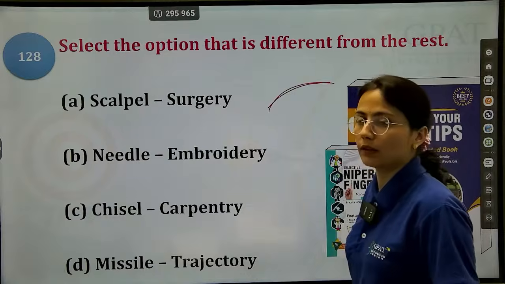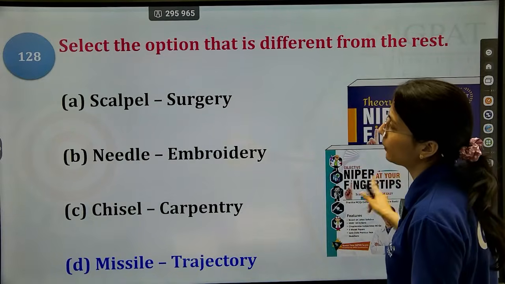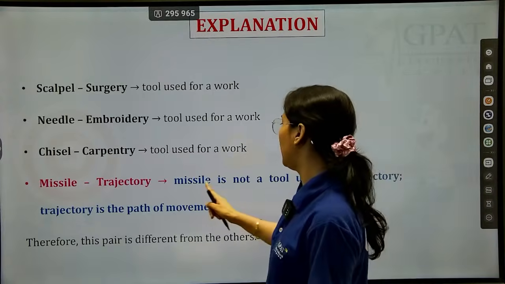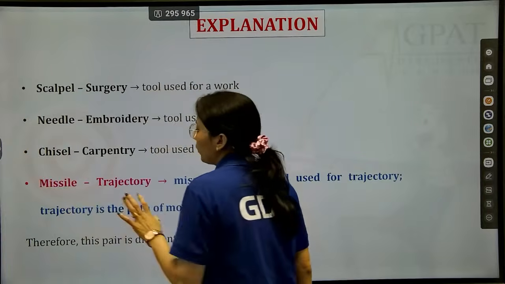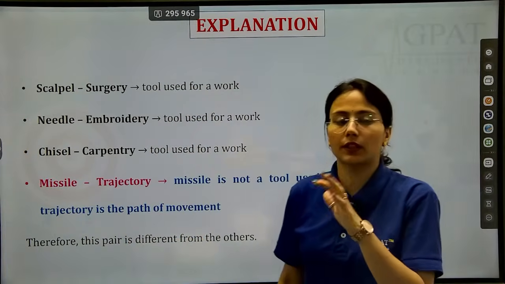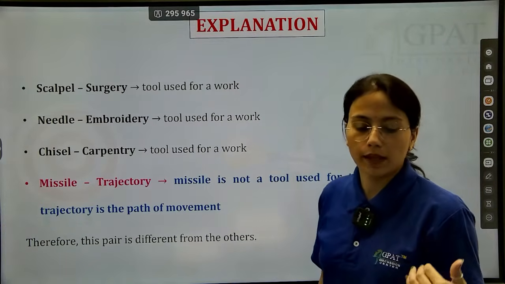So option number D is different from the other ones. Missile is not a tool, all these are tools, scalpel, needle, chisel, but trajectory is not a tool, it's a path. So the odd one is missile trajectory.